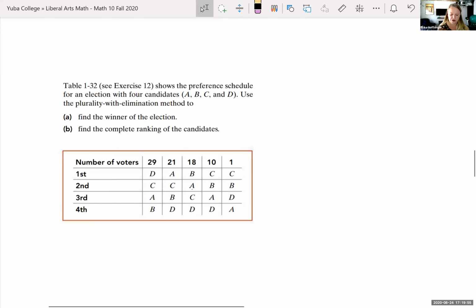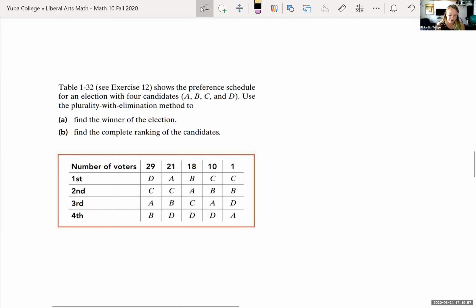Okay, so show the preference schedule for an election with 4 candidates, A, B, C, and D. Use the plurality with elimination method to find the winner of the election. So we want to first see, is the winner using the plurality method? Is that person the winner? Do they have a majority?